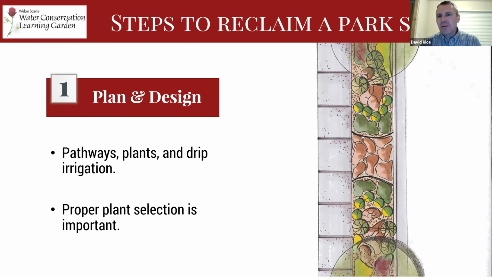It can range though from 3 to 5, and I've seen park strips as narrow as 2, but the typical is somewhere 4 to 5 feet is pretty standard for a park strip. They can range, like I said, depending, but this is just the time where you're going to start thinking about the ideas. You can get some measurements, and then you can even start doing the homework on the plant material.